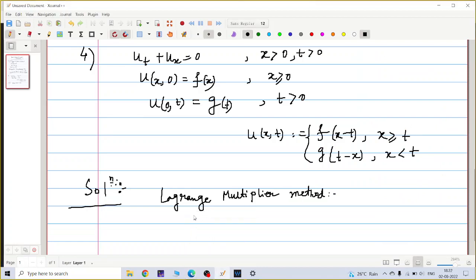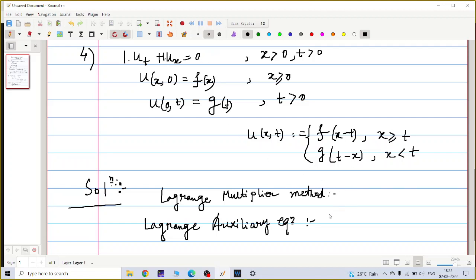Okay. So the Lagrange multiplier method uses an auxiliary equation. It is called the Lagrange auxiliary equation. What is that? I will write the coefficients. What is the coefficient of u_t? It is 1. What is the coefficient of u_x? It is 1. And here the right-hand side is 0.